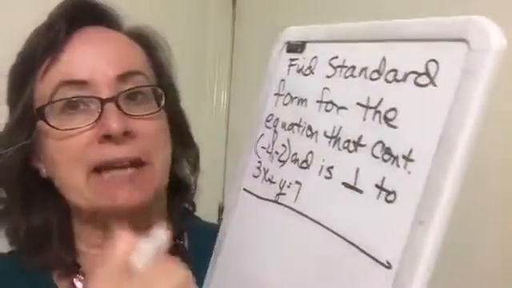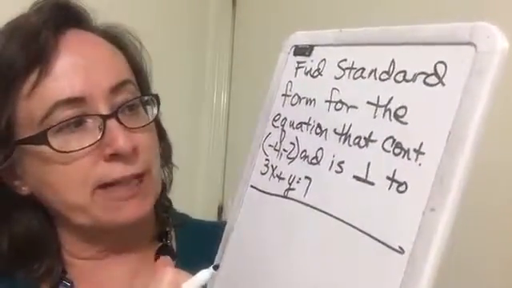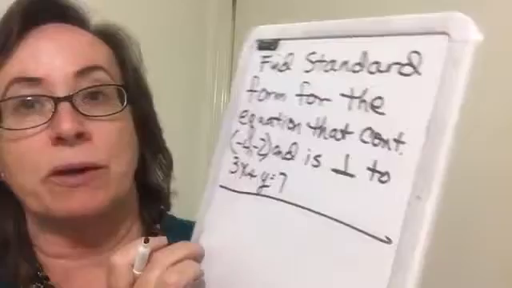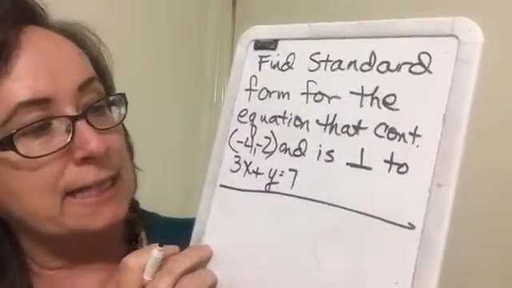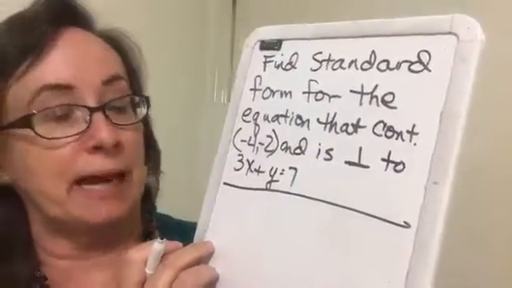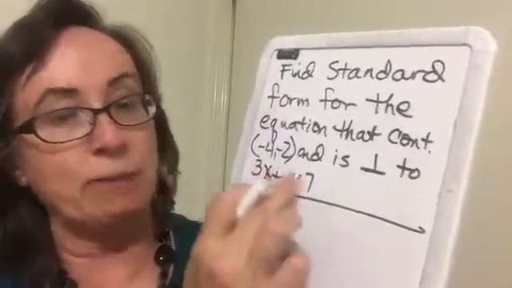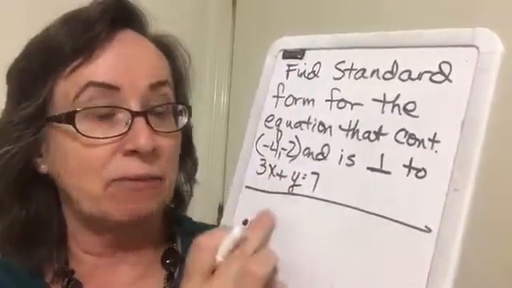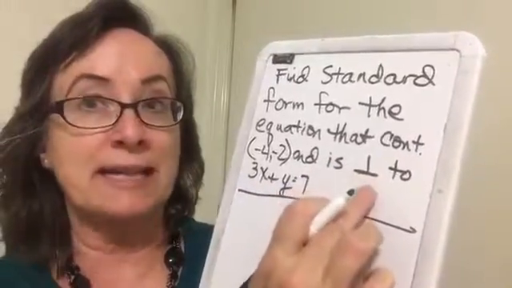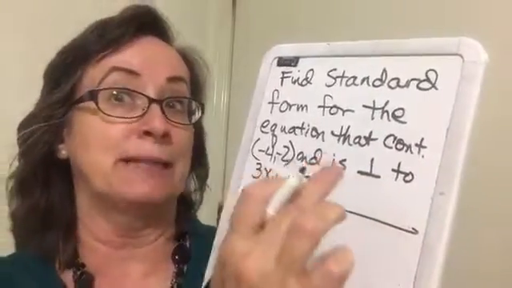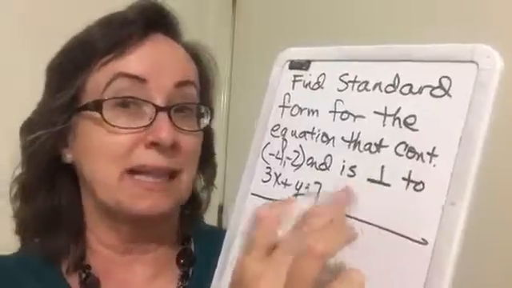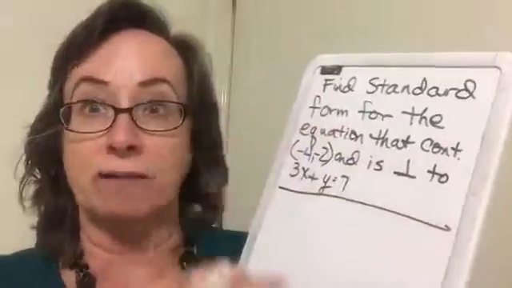So we're going to find the standard form for the equation that contains this point, -4, -2, and is perpendicular to 3x plus y equals 7. So again, all we want with this line right here is to find its slope so that we can get a perpendicular slope, which is a negative reciprocal to go for our line.